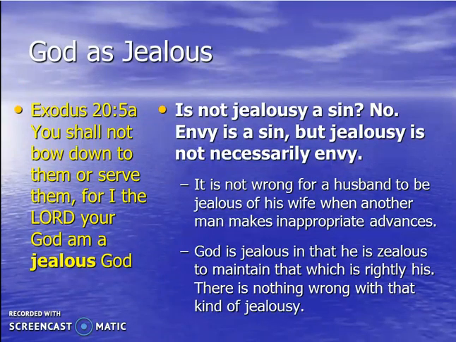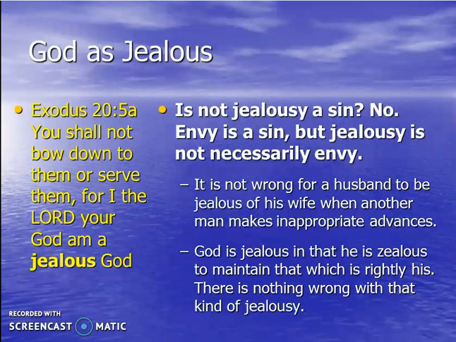God says, don't do this because the Lord your God is a jealous God, visiting the iniquity of the fathers onto the children to the third and fourth generation. Now you might wonder, why does God portray himself as jealous? Isn't jealousy a sin? Well, there's a sinful jealousy, which is envy, but there's another kind of jealousy which is not, and that is being zealous to maintain that which is rightly yours.